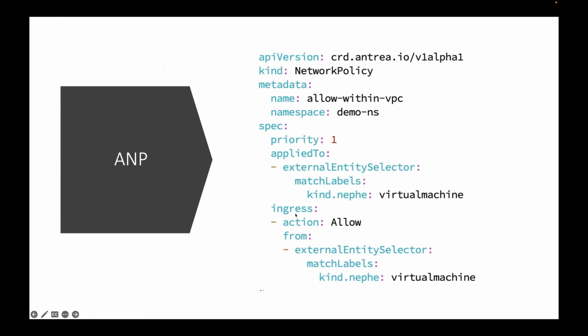In the ingress, you can either have an IP block or an external entity selector, and you can even have an IP set, so we don't have an issue here. We just have to make sure that the policies are actually applied on the external entities created by the NEFI controller.